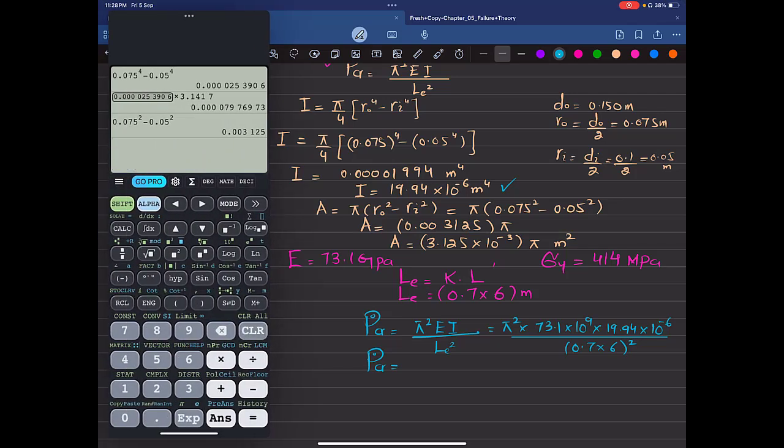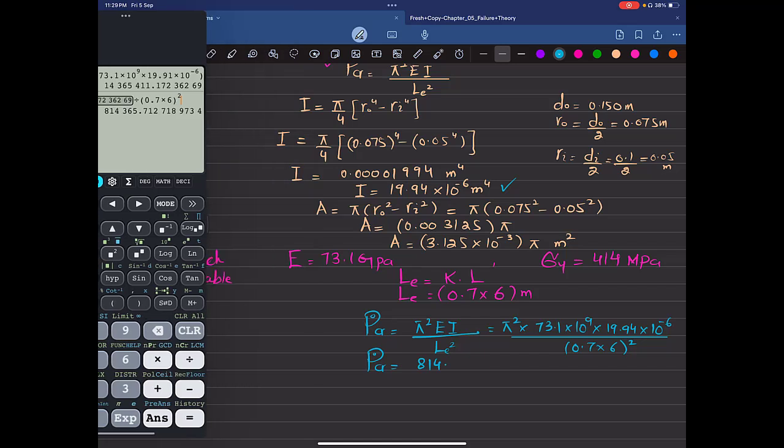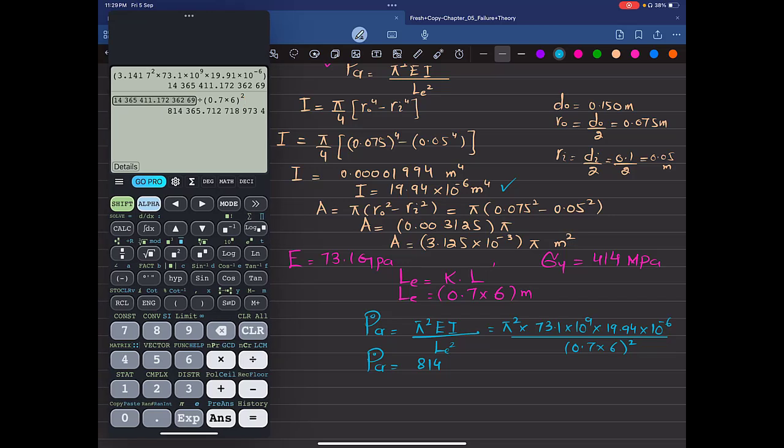So let's solve it. 3.1417 square multiplied by 73.1 into 10 power 9 multiplied by 19.94 into 10 power minus 6 will give you this, and when you divide this answer by 0.7 multiplied by 6 whole square, you can see you have 814,365.712 newtons.